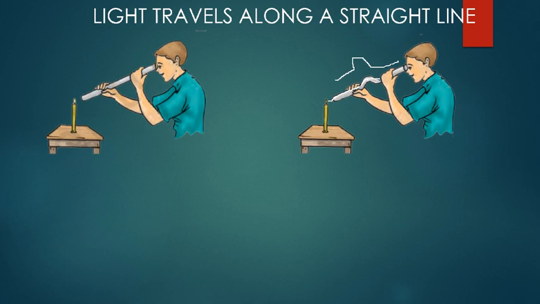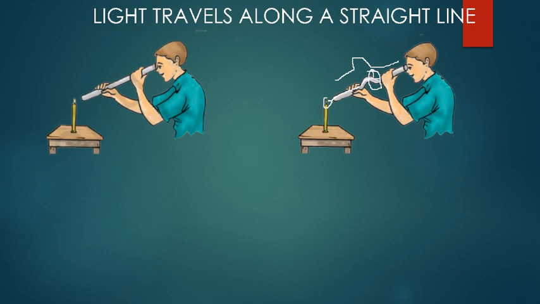So this doesn't happen. And therefore, this person will not be able to see the flame, since the flame is blocked by the tube here. So the light cannot travel if the tube is bent, right?